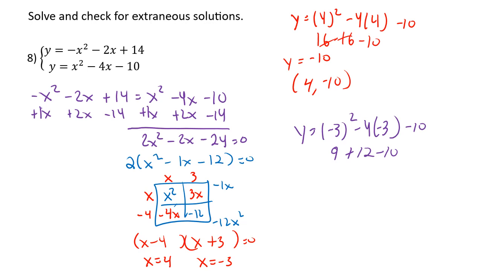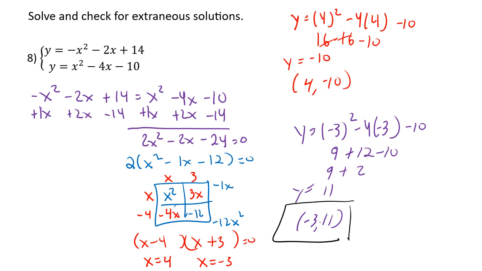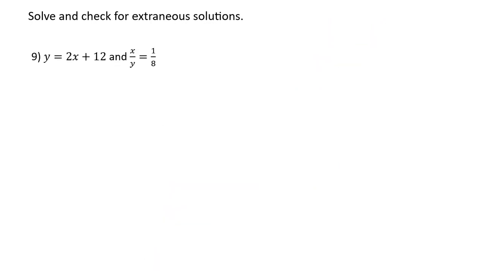So 2 plus 9, 11. So (negative 3, 11). And I'm not going to show it on here, because I don't have the room. But if you plug these into both equations, both of these coordinates are going to work if you substitute them in. So no extraneous this time.